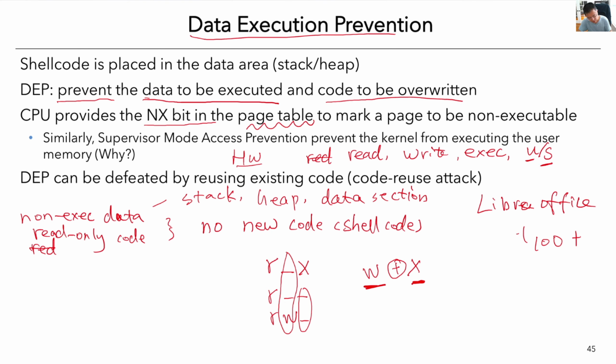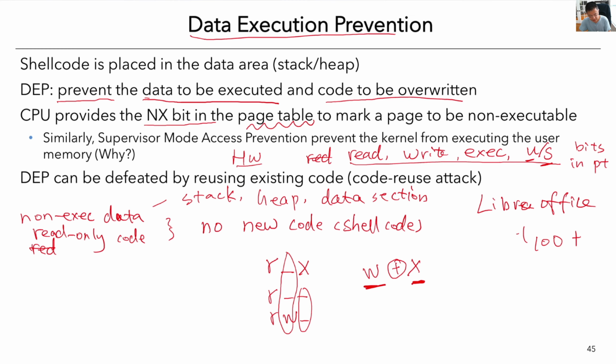Okay, so there are a lot of permission bits in the page table. So for example, to set a code section, you can set the read bit to 1, write bit to 0, and execute bit to 1. Okay, so those are the bits in the page table.